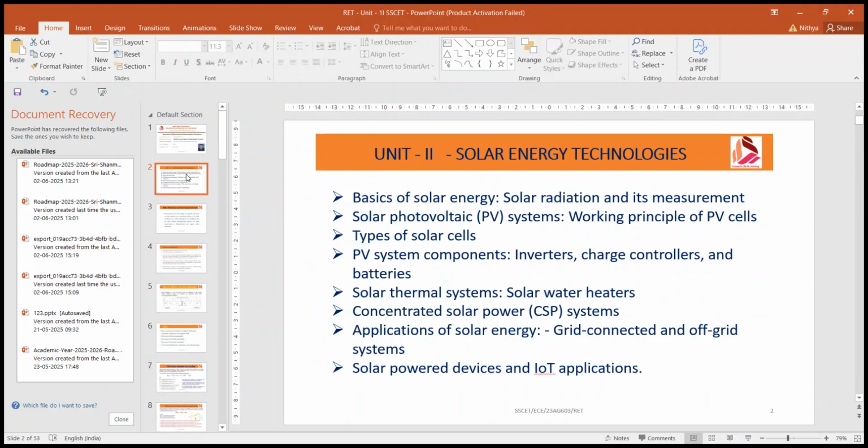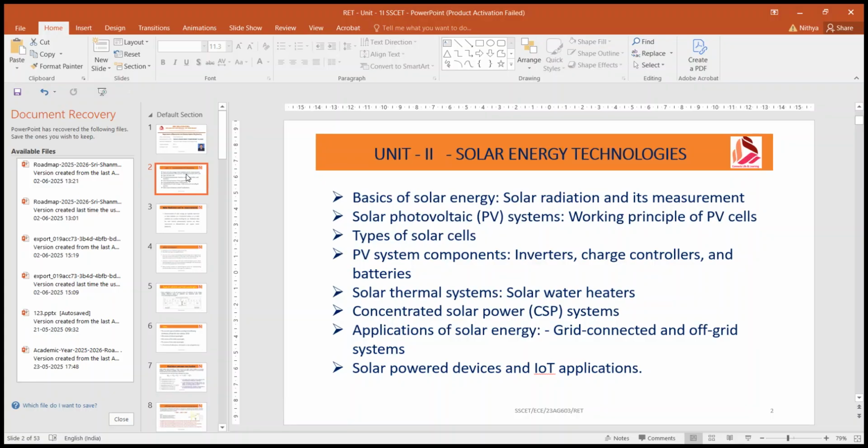One is the basics of solar energy, what type of solar radiation and its measurements, and then solar photovoltaic (PV) systems and their working, and different types of solar cells. Then PV system components, inverters, and what type of charge controllers and batteries, solar thermal systems, solar water heaters.